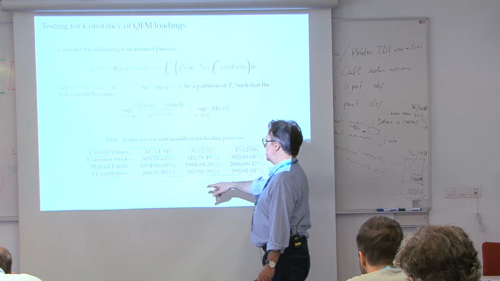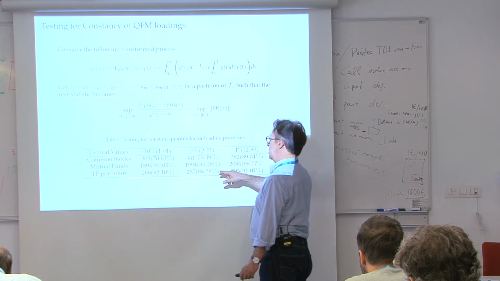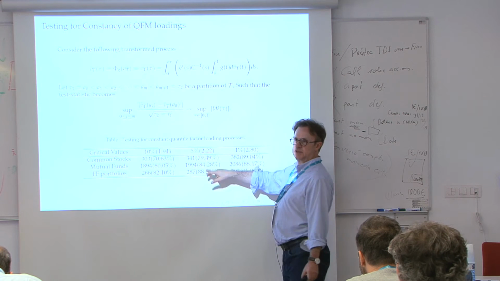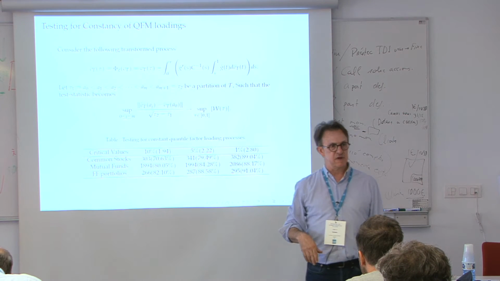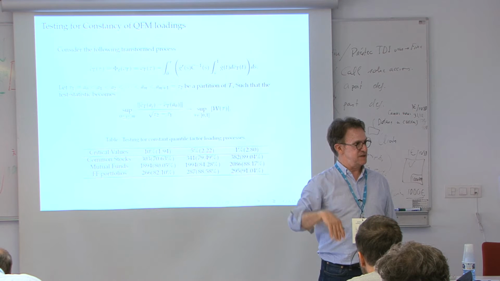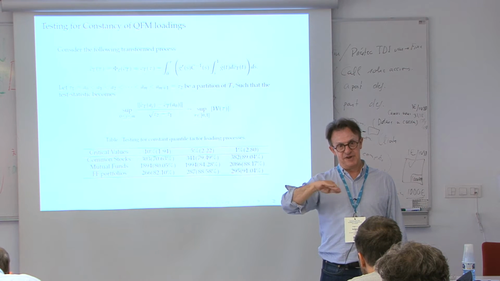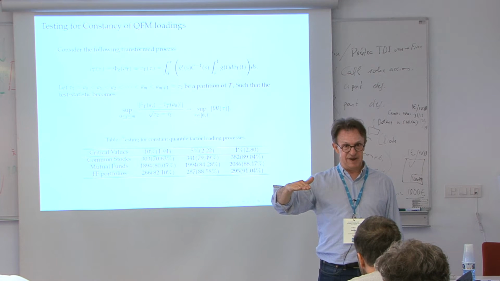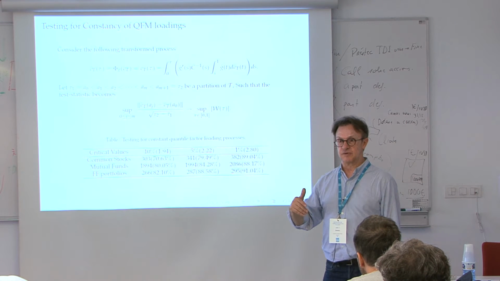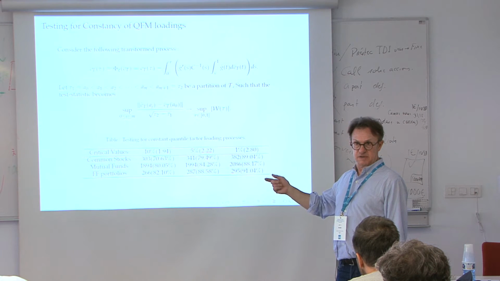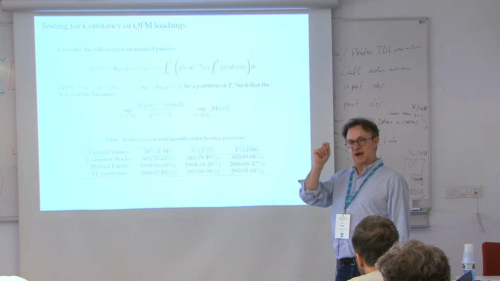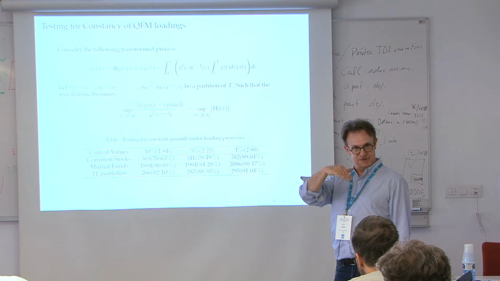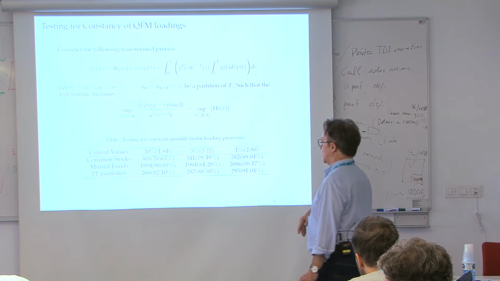So basically, for instance, for common stocks, at 5%, about 20% of the loadings that I showed you before reject the null of being totally flat over quantiles. So it's interesting, and this is what we are doing now, identifying which are these stocks which have this quantile variation.